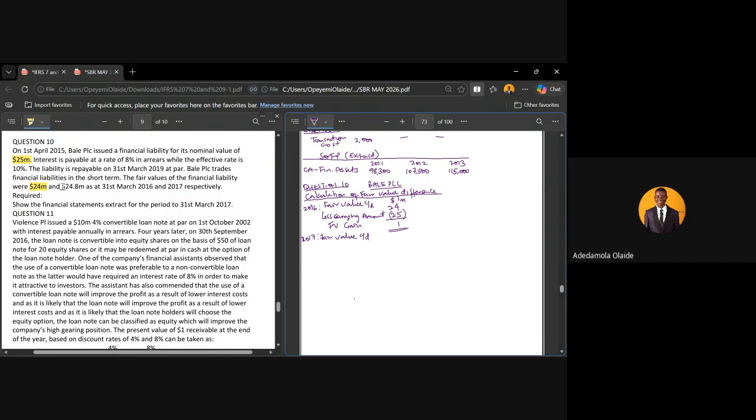At the end of 2017, the fair value is 24.8 million. And the carrying amount, which will be the fair value of the previous year, will be how much? 24 million. So that means we have 0.8 million what? Loss.